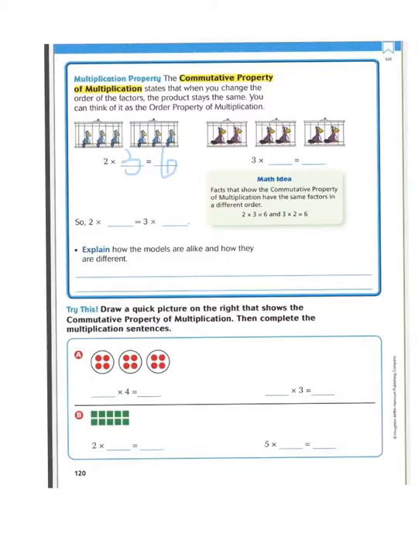There are 3 equal groups, 1, 2, 3, with how many birds in each cage? 2, you're correct. So 3 times 2 equals 6. So 2 times 3 equals 3 times 2. It just shows it in a different order. I like to refer to it as the flip-flop property. You flip it around.